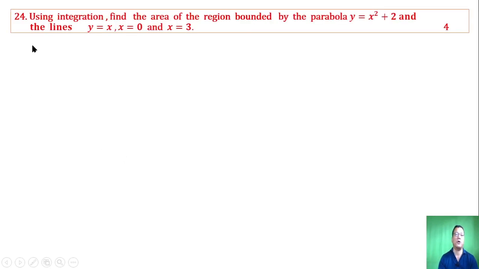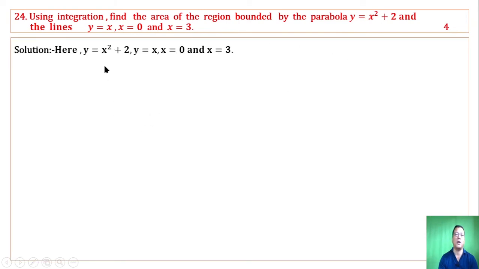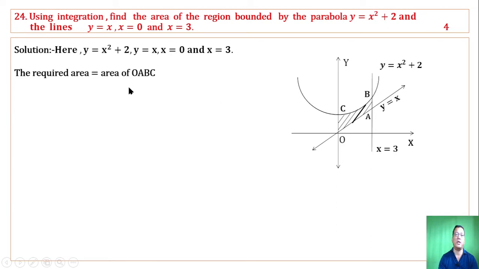Question number 24. Using integration, find the area of the region bounded by the parabola y equal to x square plus 2 and the lines y equal to x, x equal to 0 and x equal to 3. Here y equal to x square plus 2, y equal to x, x equal to 0 and x equal to 3. The required area, the area of OABC, is in this picture.